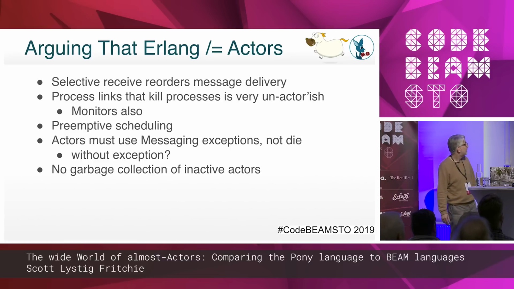Process links and monitors both. This extra message sending as a result of links and monitors firing is unactor-like, and Carl Hewitt in particular really hates the idea of actors being crashed by links that are broken. Someone argued that the preemptive scheduling inside of the Beam VM is also against the actor model.